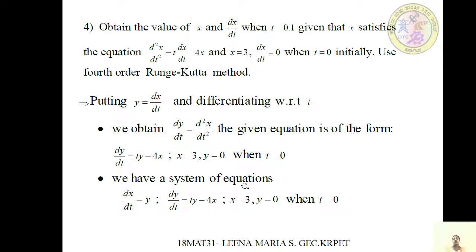Now we have a system of equations: dx by dt equals y, dy by dt equals ty minus 4x, with x is 3, y is 0, when t equal to 0.